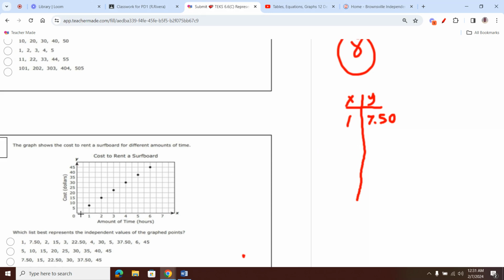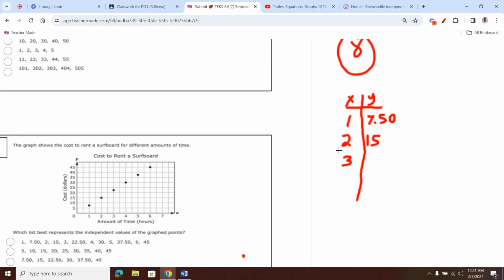The next one is 2, 15. The next one is 3. Again, it's between 20 and 25. So it's going to be 3 and between 20 and 25. Let's think about it. We have 21, 22, 23, 24.